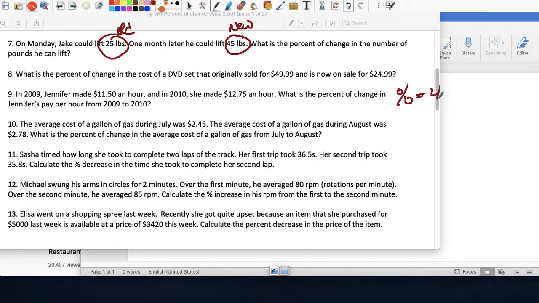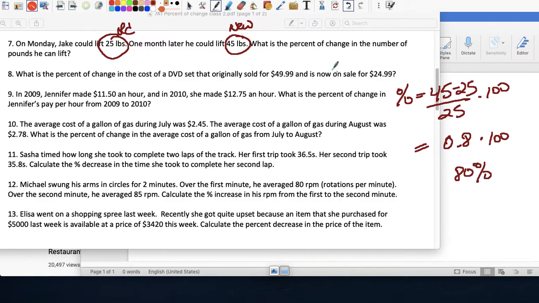So it's going to be 45 minus 25 over 25 times 100. 45 minus 25, enter, it's 20, and then divide that by 25, it's going to be 0.8. And if you multiply that by 100, you get 80%. So he can lift 80% more.